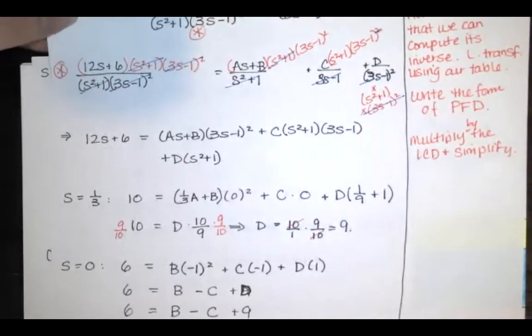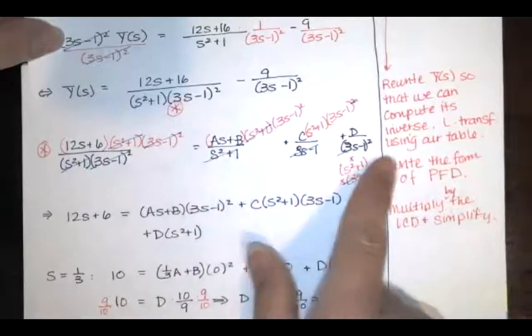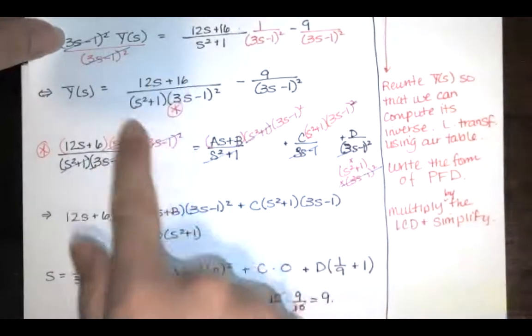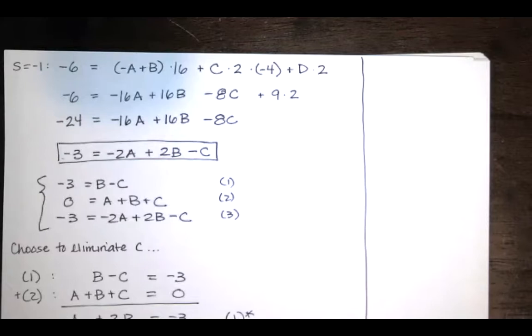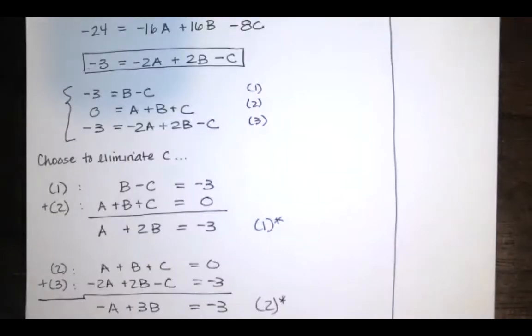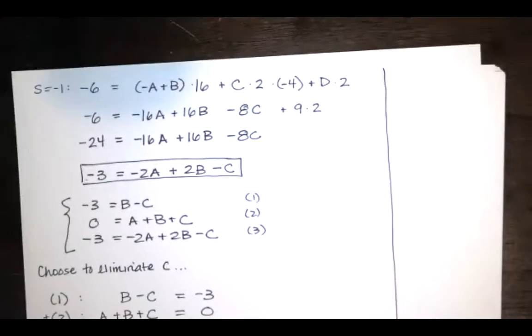Now that we have the A, B, C, and D, we can substitute those in right here, and that's going to be the appropriate partial fraction decomposition for this piece. So remember, our goal is to find the partial fraction decomposition for Y for the purpose of being able to compute the inverse transformation. So let's keep going.